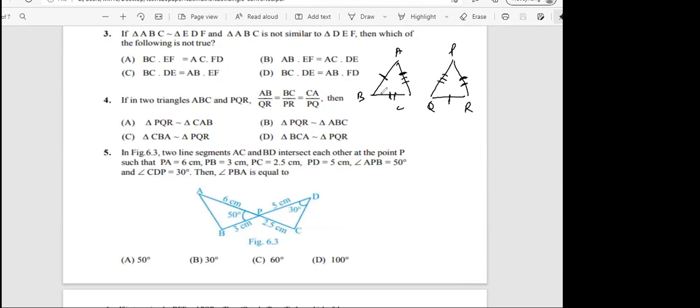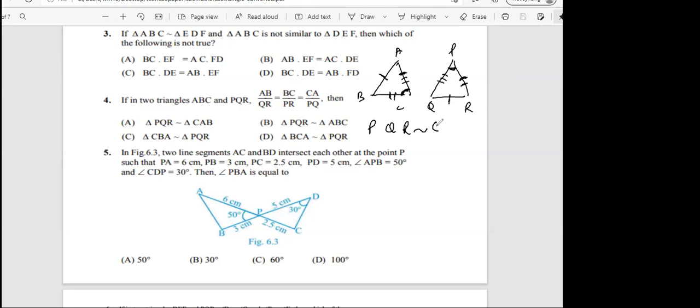So we can simply say that the corresponding angle between this and this, we can write it B. If we have to write it PQR, we have to take this corresponding angle P, then Q, and then R. P is the corresponding angle between 3 lines and 2 lines, so this angle will be common.